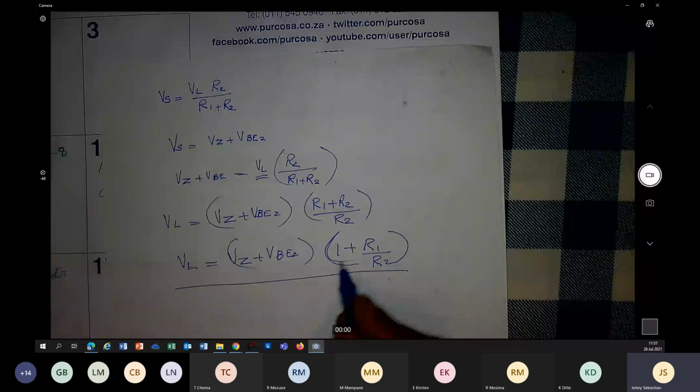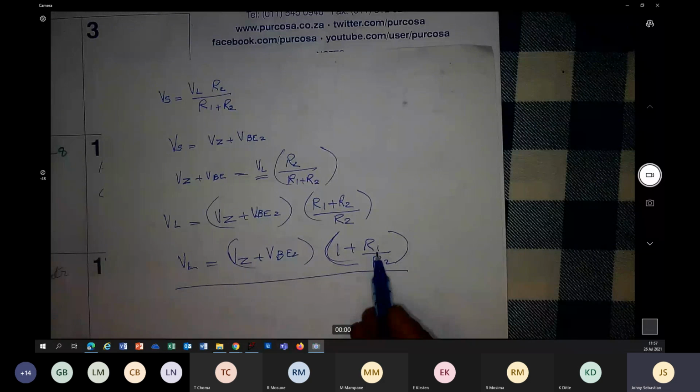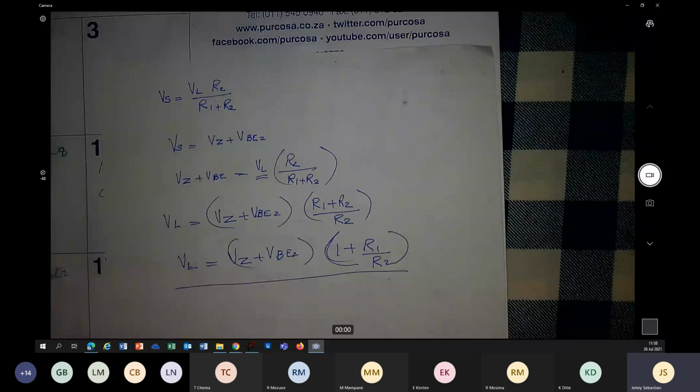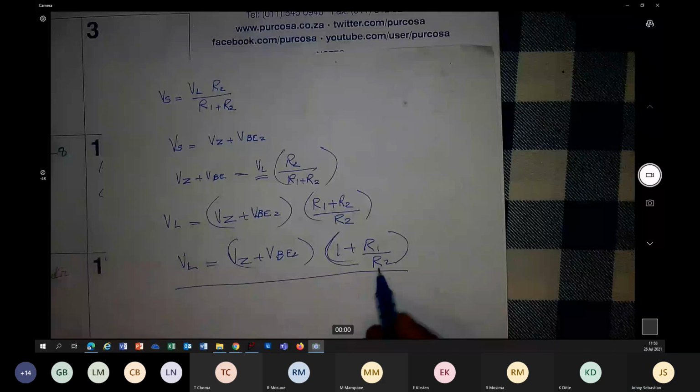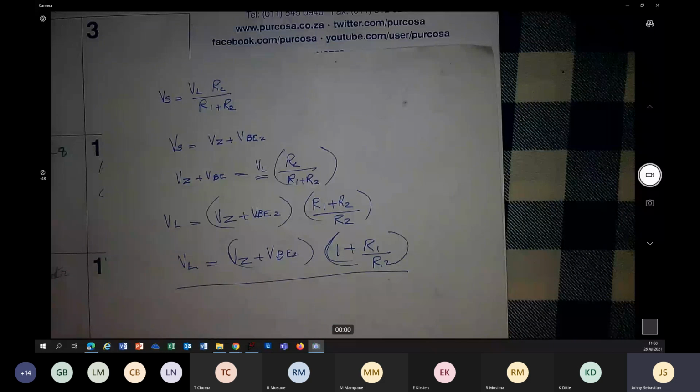If you choose R1 over R2 as 2, inside the bracket 2 plus 1, 3, 3 times VZ plus VBE is your VL. If R1 over R2 is selected as 10, 10 plus 1, 11, 11 times VZ plus VBE is VL. So you have an infinite number of possibilities. There is only one condition.